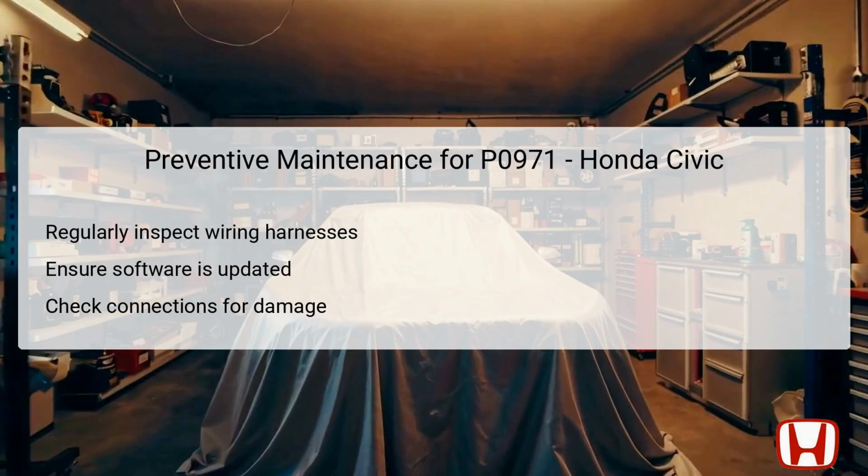Additionally, routinely checking the connectors for any signs of damage or integrity loss can prevent connectivity issues, which often trigger diagnostic trouble codes. By implementing these preventive measures, vehicle owners not only extend the life of their transmission systems, but also enhance overall drivability, leading to an improved ownership experience.